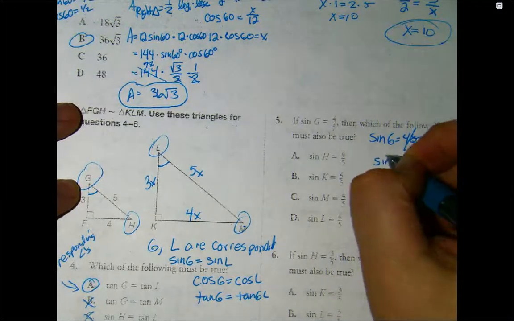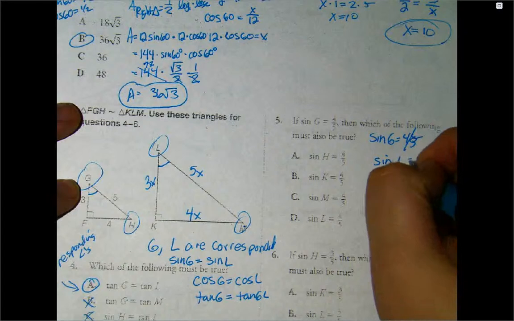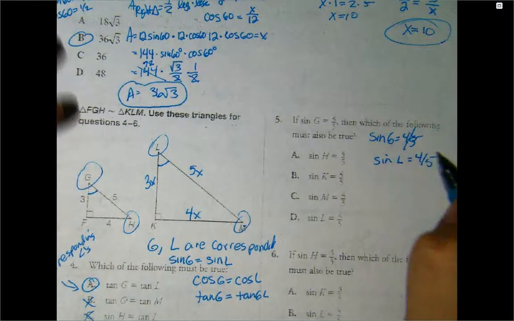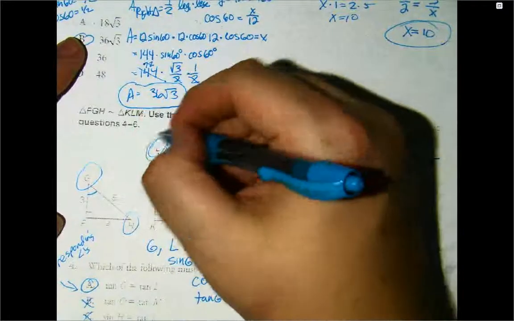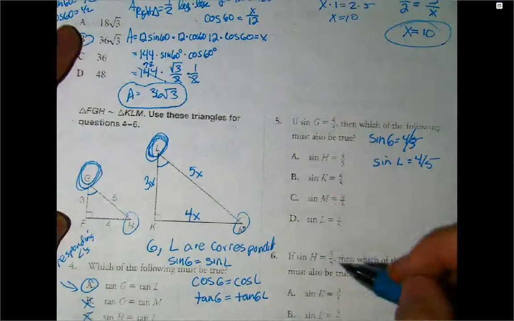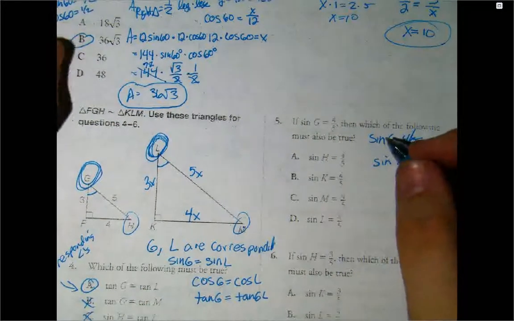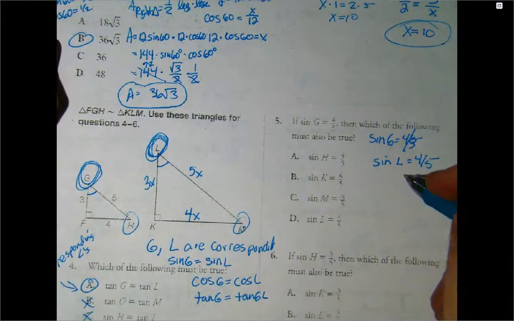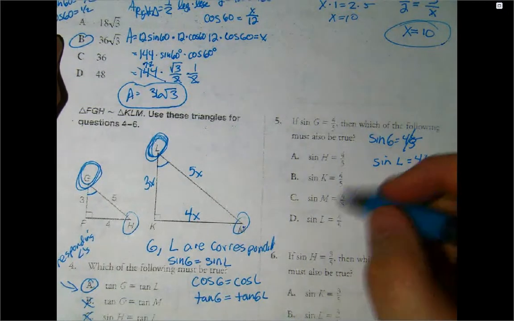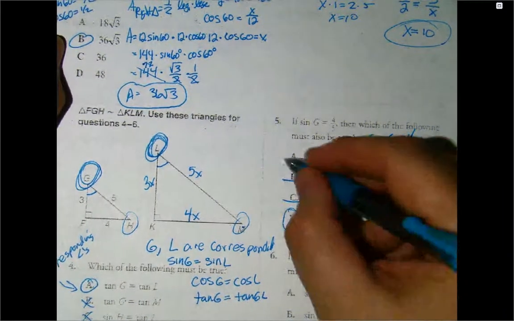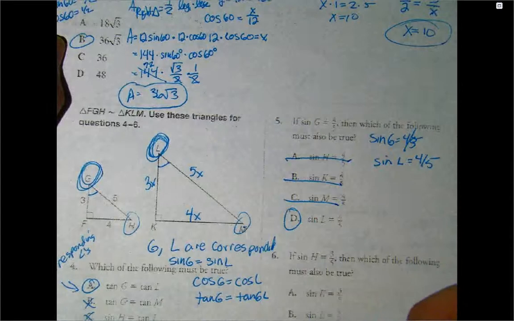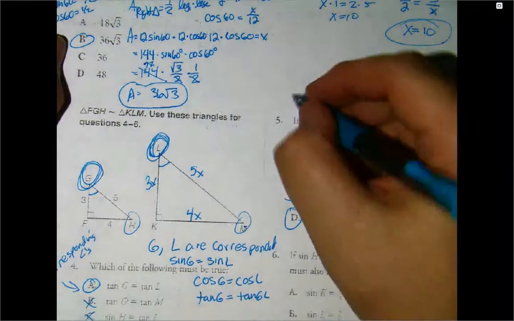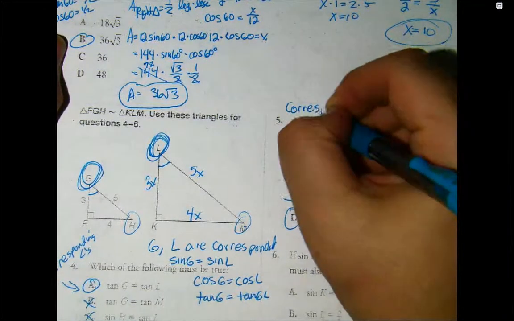So their sines are going to be the same. Now, is there one that says sine of L is 4/5? D. So all the other ones are wrong. So use the fact about corresponding angles in similar triangles. They give you the same trig values.